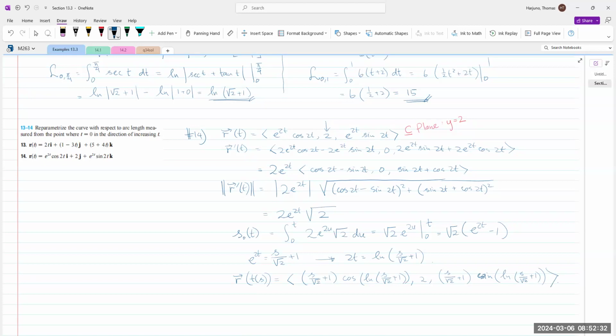Okay, now that's the curve reparameterization.